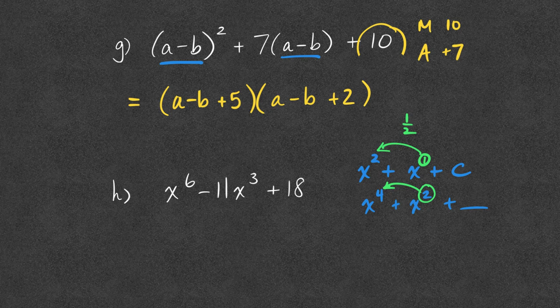So let's take a look back at H. You take a look at H and you recognize, hey, that exponent 3 is half of my exponent 6. I can factor that like a simple trinomial. Okay, two numbers that multiply to give 18 and add to give negative 11. Well, I hope that we're good on negative 9 and negative 2.